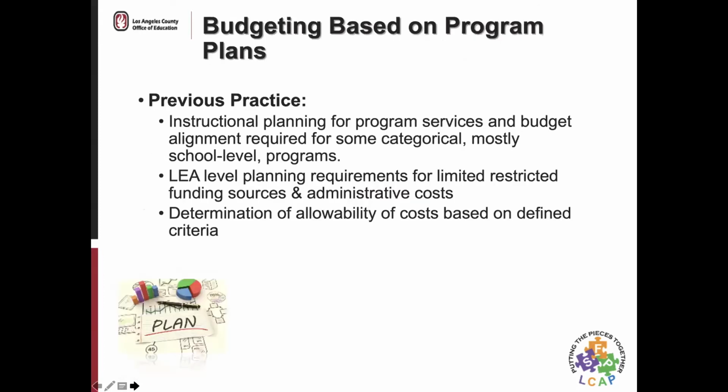All right. Next slide. So again, also new for LEA unrestricted funds is the requirement that budgets be tied to plans reflecting the intent of the program. School level planning has been required for some time, but it's now taken on greater importance. It's required for categorical, mostly school level programs.